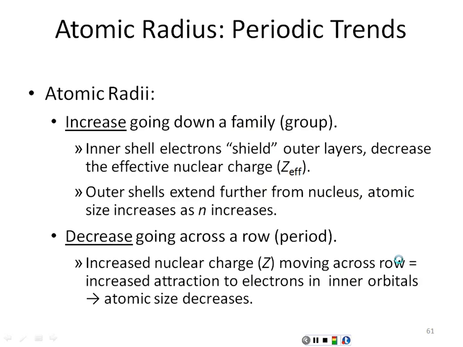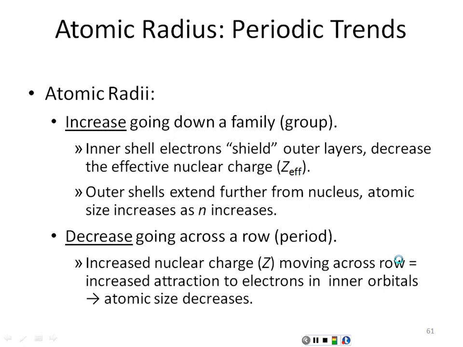More importantly, now, what are the trends in atomic radius? Atomic radii increase going down a group. And why is that? That's because the inner shell electrons shield the outer electrons, and that decreases the effective nuclear charge.